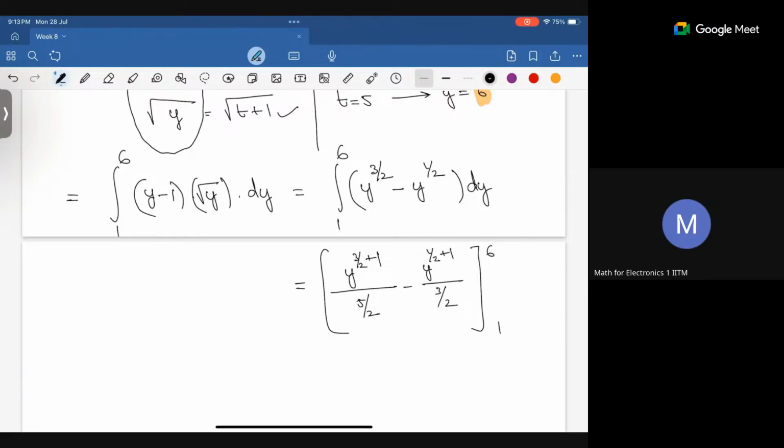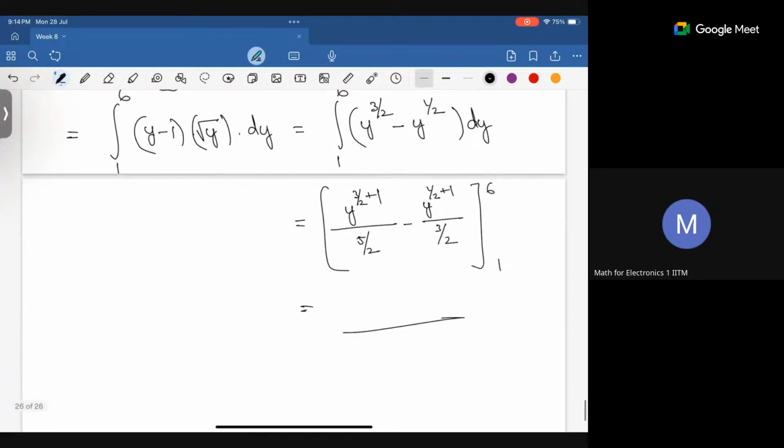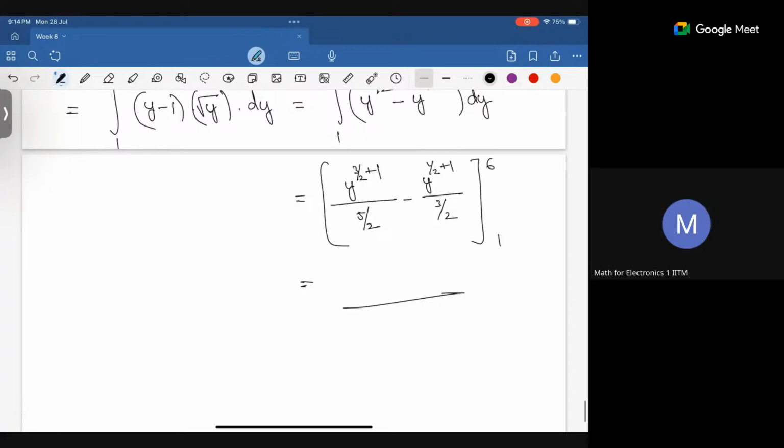Just be careful with signs. That's it. So you can compute and check. All right, is this okay? Yes, sir.